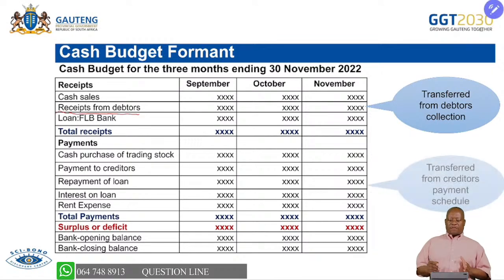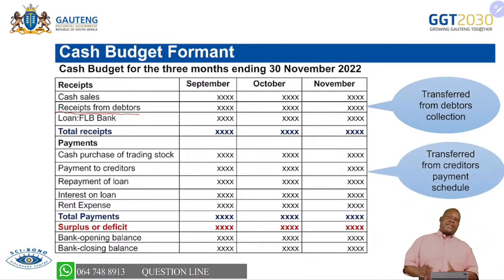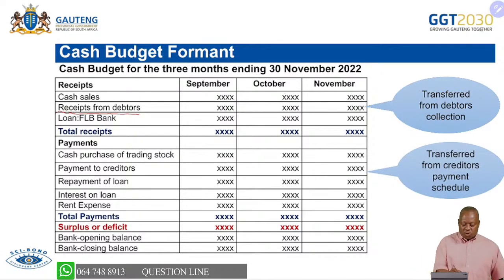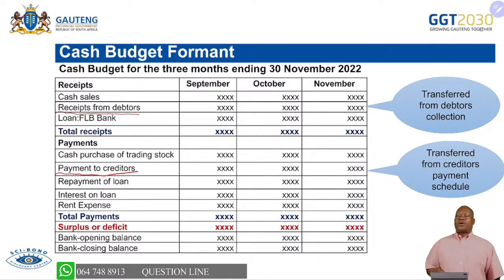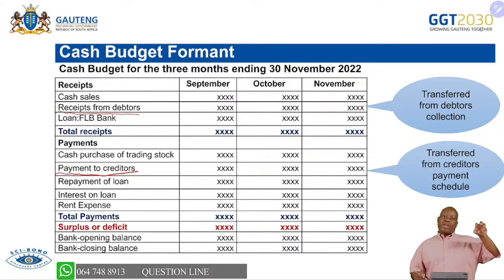And then all the figures that we are going to get from the creditors payment schedule, we are going to transfer them into our cash budget as payments to creditors. Please take note, these are very important parts of our cash budget, which means we need to go and look into those figures, and then after having our solutions, bring these to the cash budget.